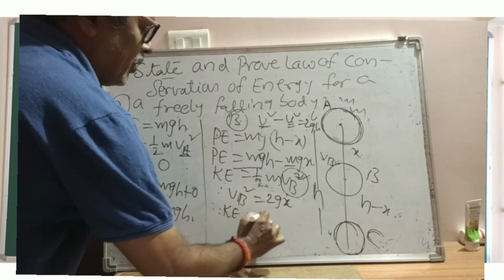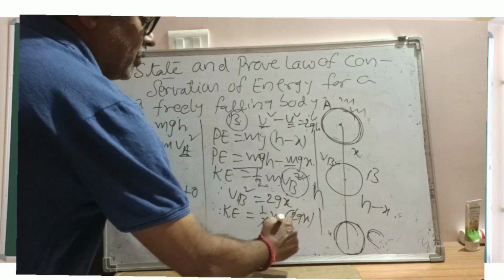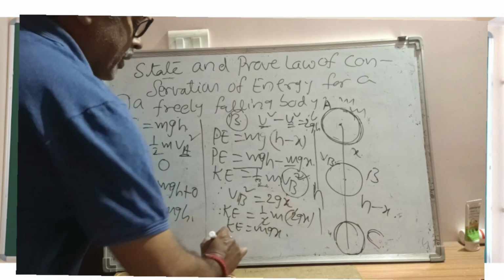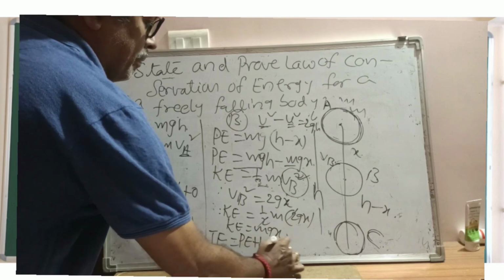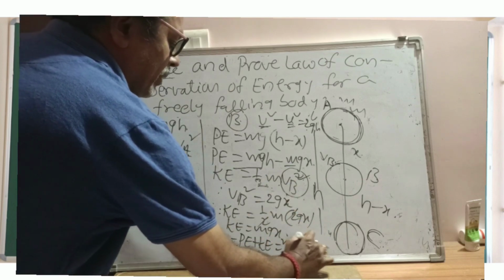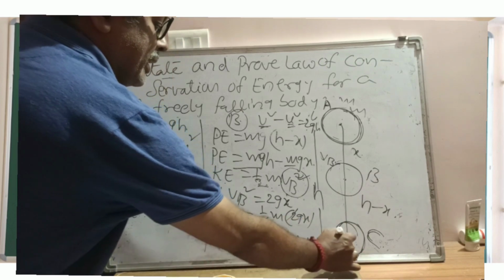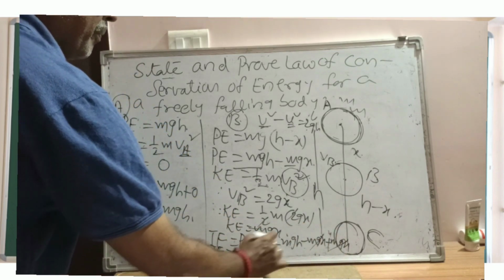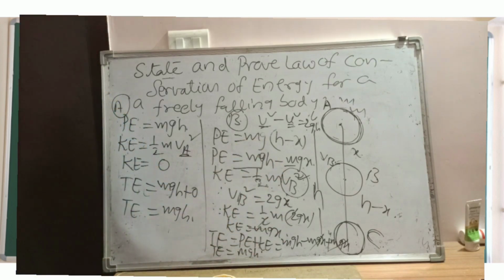Therefore, kinetic energy is equal to 1 by 2 m into 2gx. Here 2 divides 2 one time, therefore KE is equal to mgx. But total energy is equal to PE plus KE. PE is equal to mgh minus mgx, plus mgx is kinetic energy. And minus mgx plus mgx cancelled. Total energy is equal to mgh. So in the second case also, total energy remains constant, that is mgh.